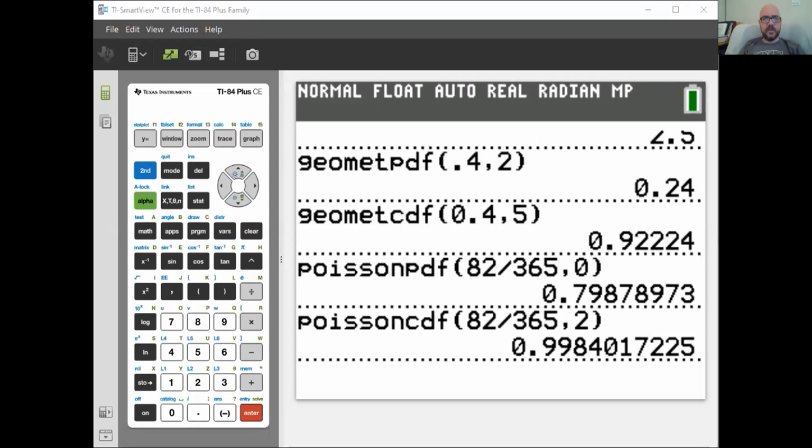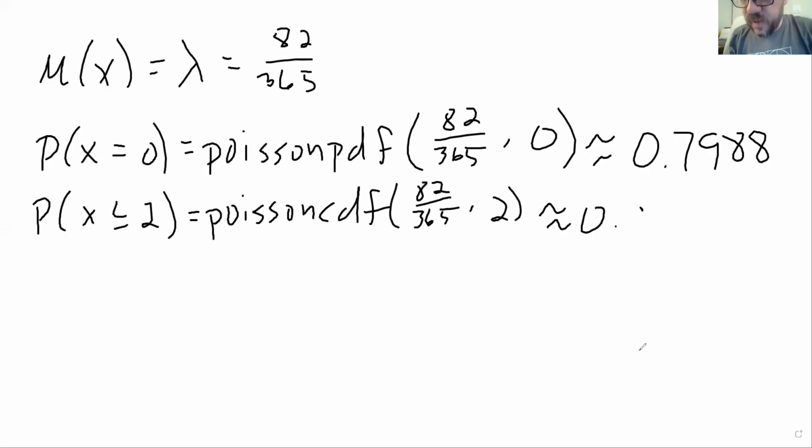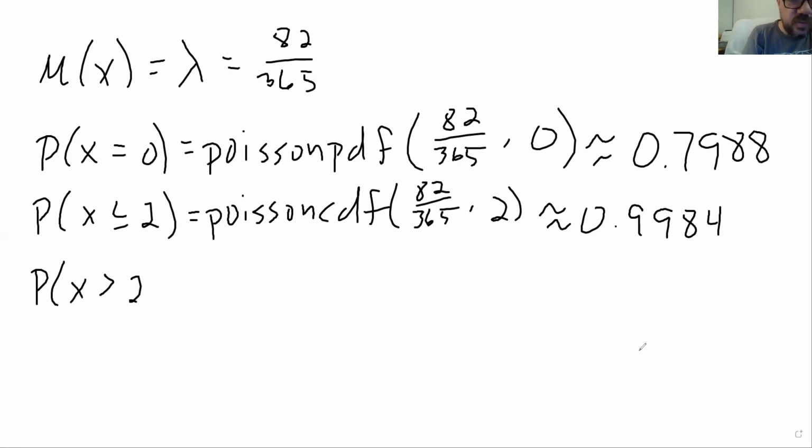That was the wrong thing. Let's try that again. That's the one I want. 0.9984. So if I'm looking for the probability that X is greater than 2, well, that's going to be the complement. So totally the opposite of the previous one.